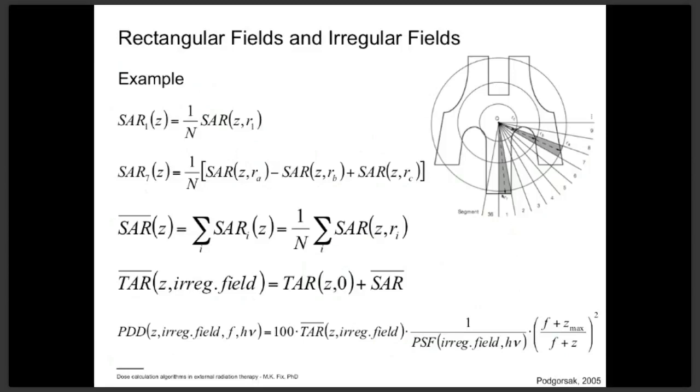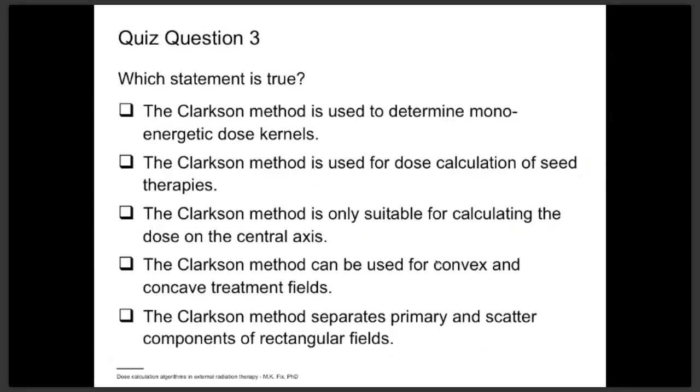So this allows, with this simple correction-based algorithm for arbitrary field size, to determine the depth dose curve along an axis. So this pops up now the third quiz question. This time I want to look for the statement which is true.